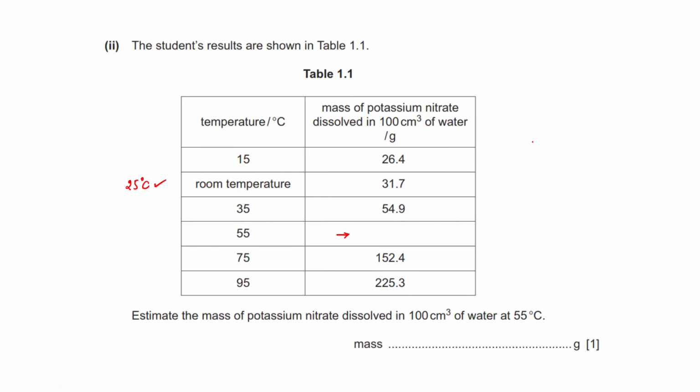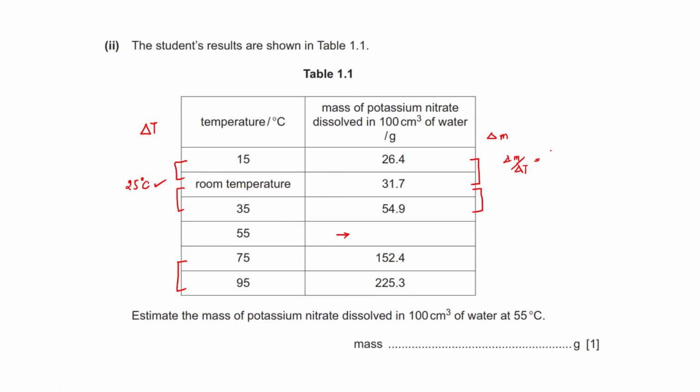One way to do this is to find the ratio of these values. So here we have delta T, and here we have change in mass. If we find this value, you can call it delta M by delta T, or the slope.